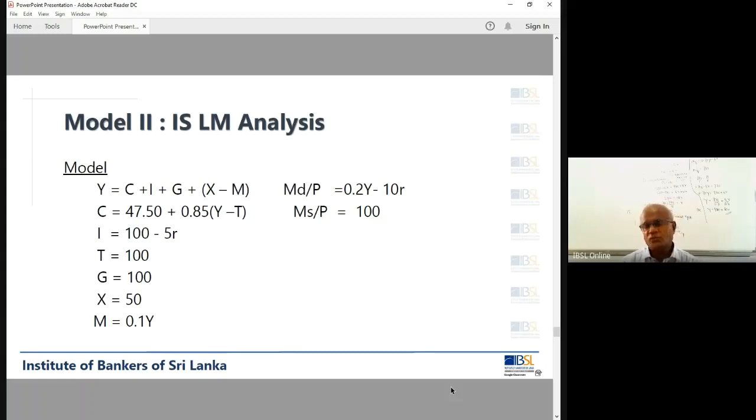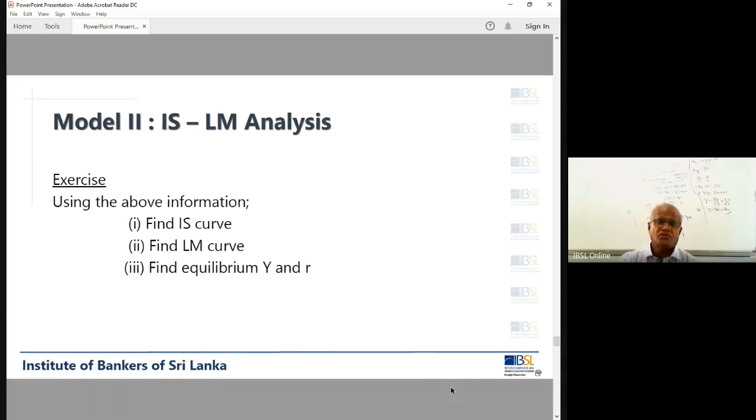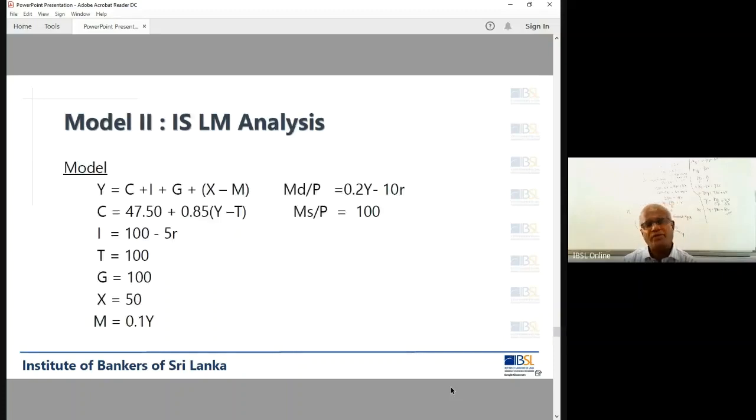Now, in the IS-LM model, the LM curve is very easy to derive: demand for money, supply of money. But for the other one, you have to keep substituting these numbers, right? Find the IS curve and LM curve, then find equilibrium Y and R. I want you to derive that.